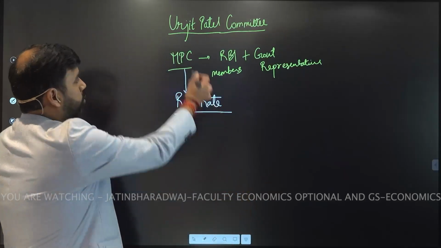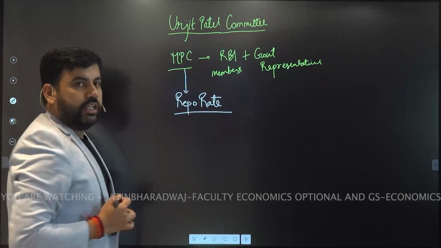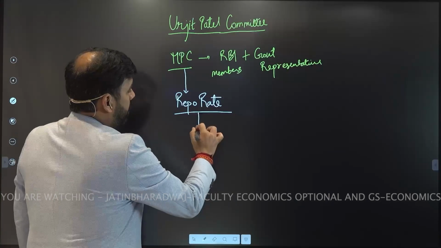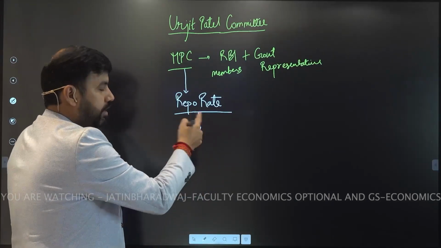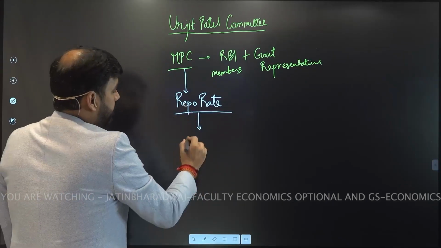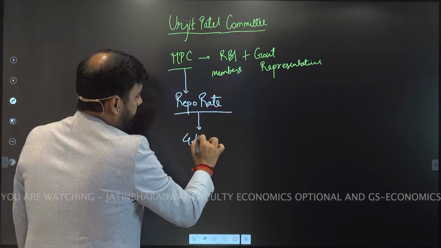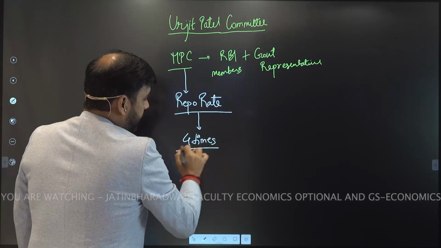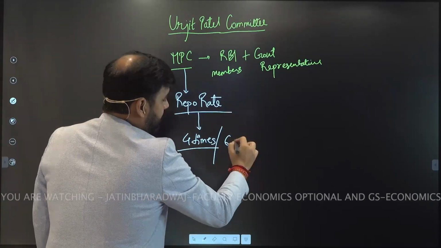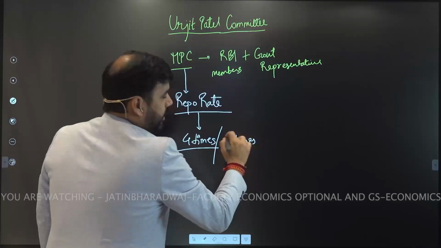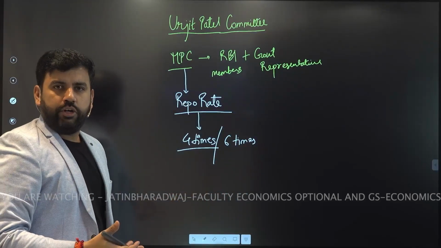All right. So this MPC was created to bring changes in repo rates. Now, repo rates, that is repurchase agreement rates, will be decided by the MPC. Now they say it should meet 4 times in a year, but actually it meets 6 times, right? That is every 2 months, this Monetary Policy Committee.